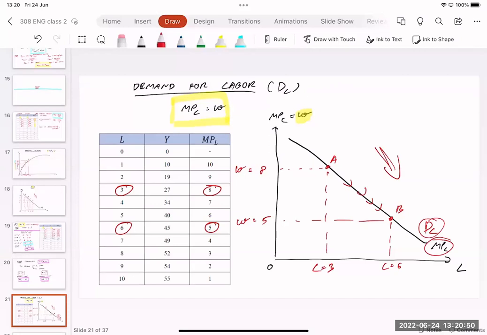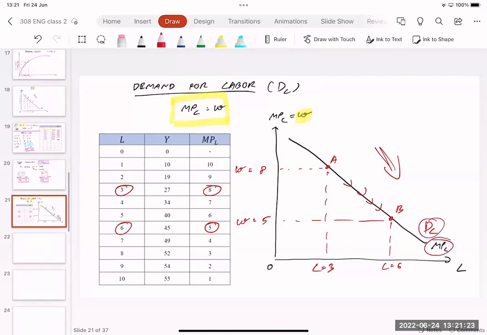The law of demand is, if something is expensive, you buy less; if something becomes cheaper, you buy more. Same thing for the labor market: when labor becomes more expensive, when the real wage is high, we hire less. When the real wage is low, labor is cheap, we hire more.